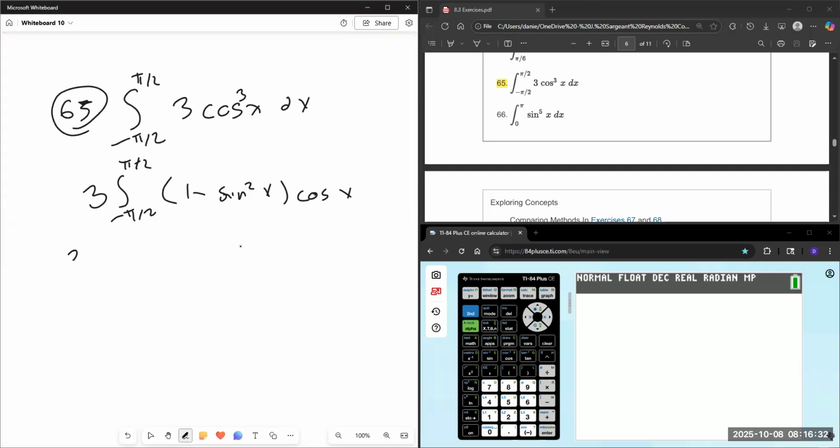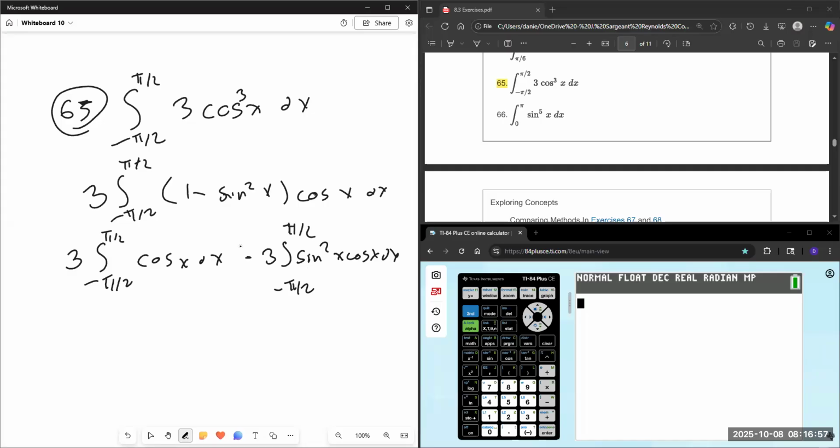We get 3 integral from negative pi over 2 to pi over 2 of cosine of x dx minus 3 integral of sine squared x cosine x dx, from negative pi over 2 to pi over 2.